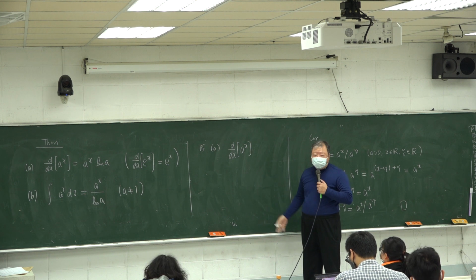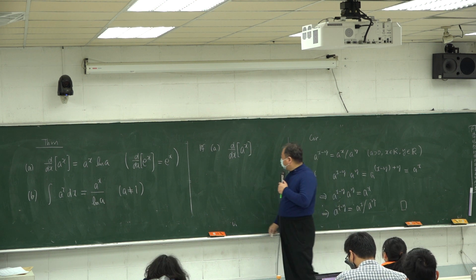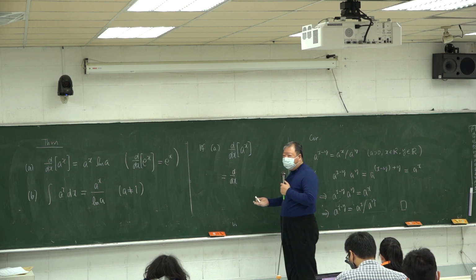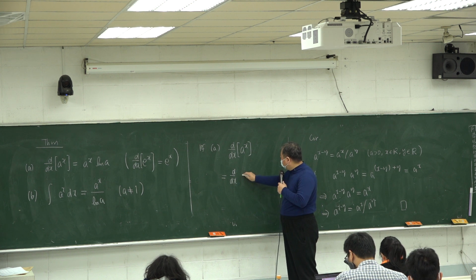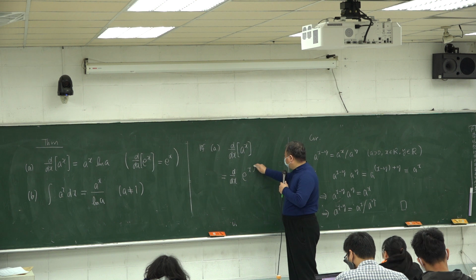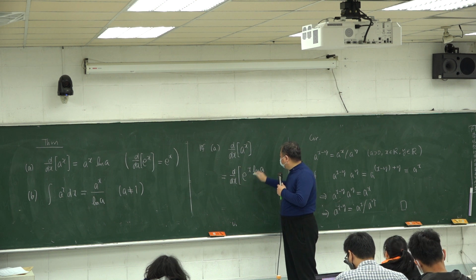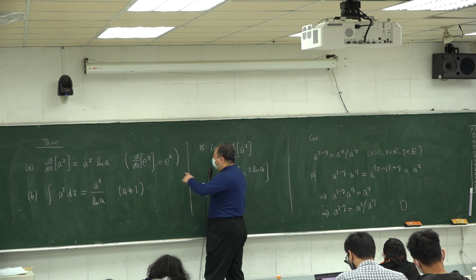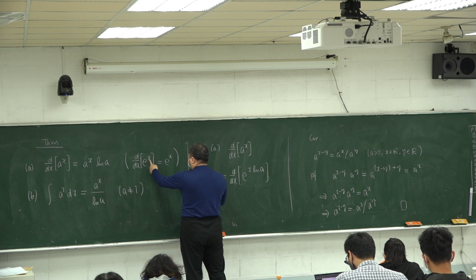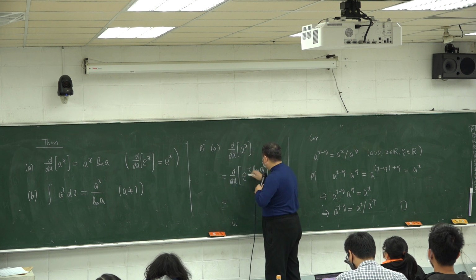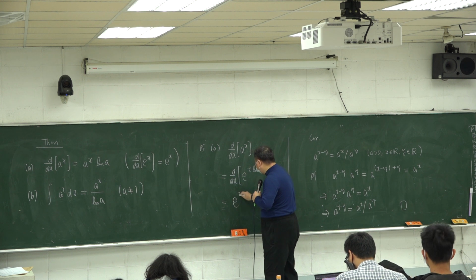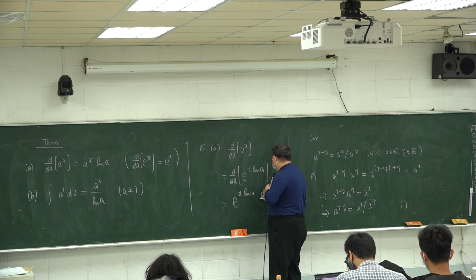Okay, let's prove A and then B follows from A. Again, what is a to the x? By definition, the only thing you can use is the definition, e to the x ln a. So if the exponent here is not x but a u, e to the u, this is a to the u times du dx.